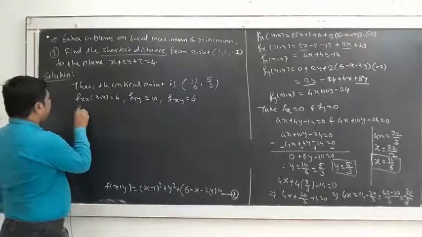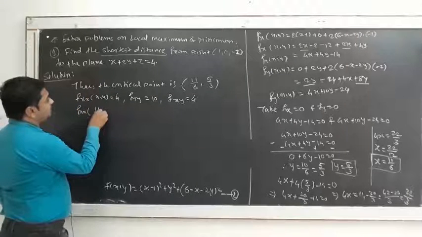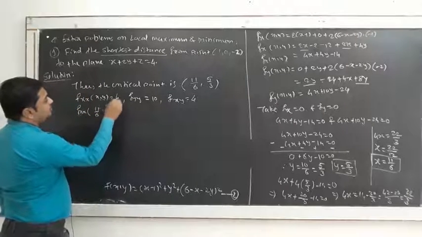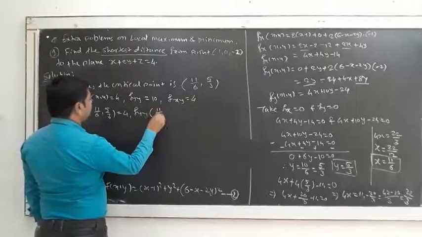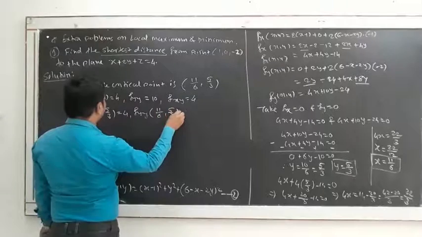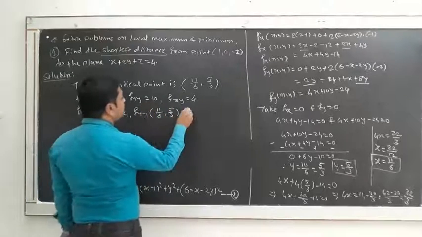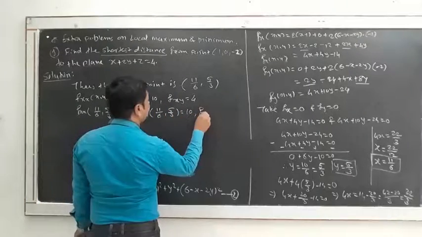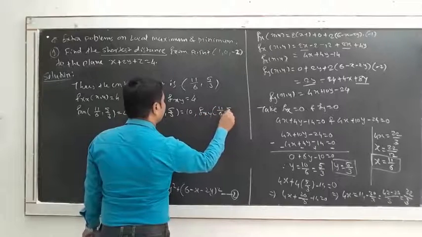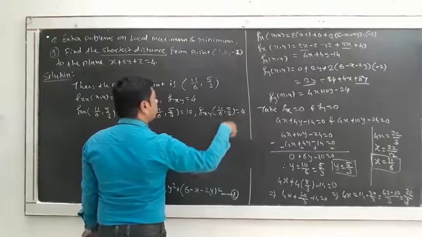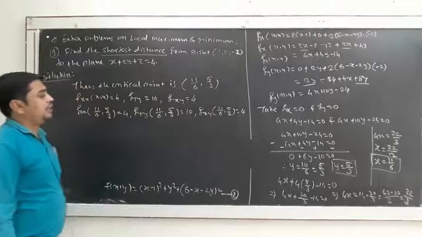Now we write fxx at (11/6, 5/3), it is constant, so no change. fyy at (11/6, 5/3) is again no change, and fxy at (11/6, 5/3) is again 4, no change because there is no x and y.